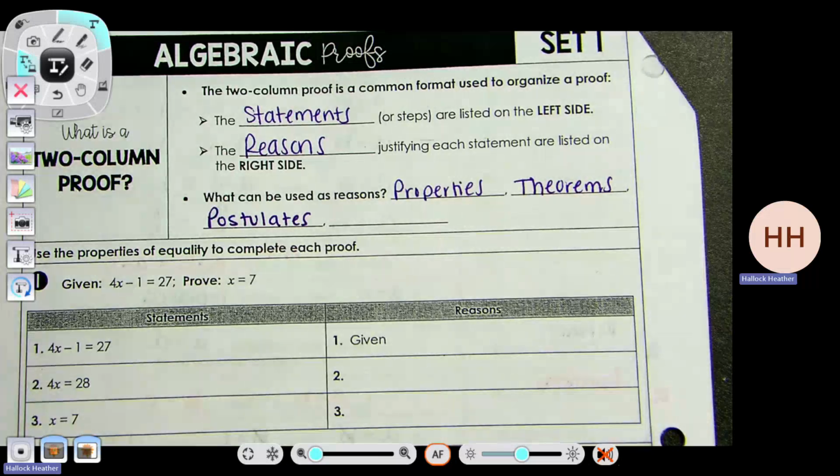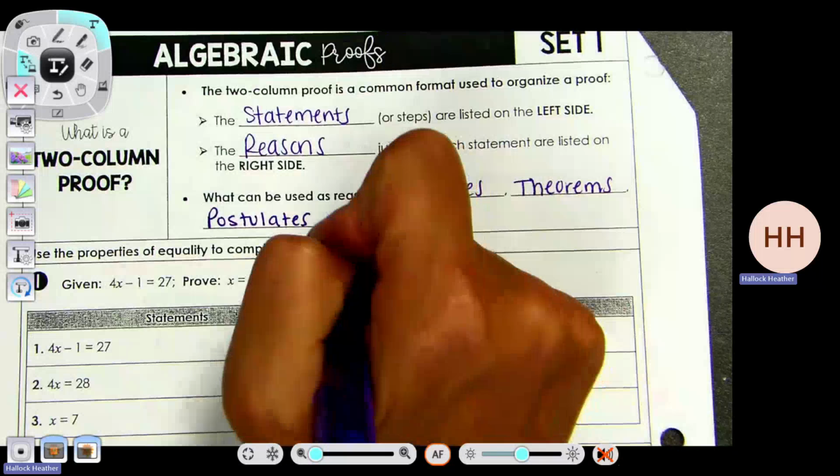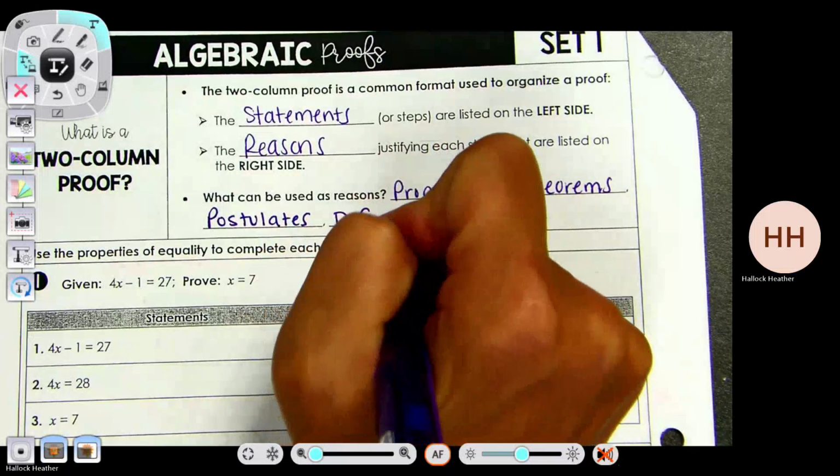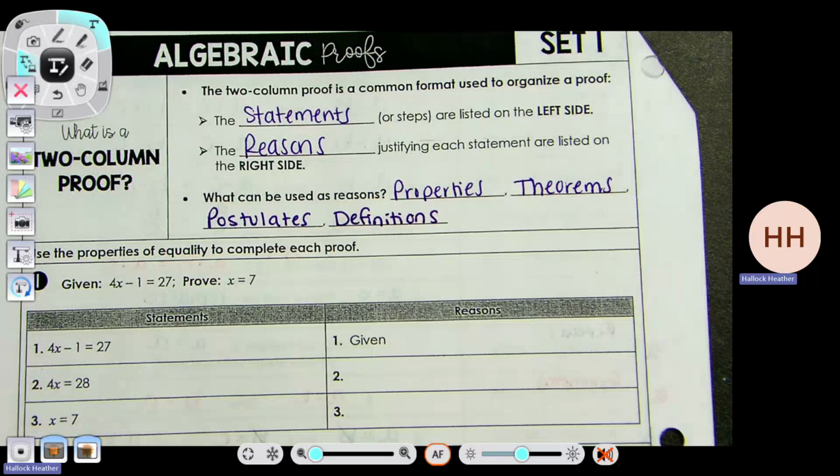We already learned those. It's just like rules in geometry. The last one is definitions. So if it's saying 2 angles add to make 90, they're complementary, then the reason why is because of the definition of complementary angles. Complementary angles add to make 90.